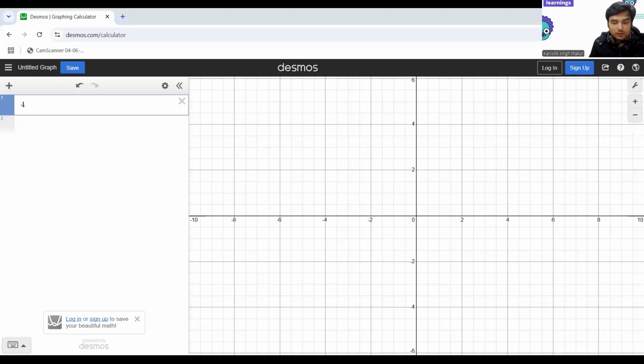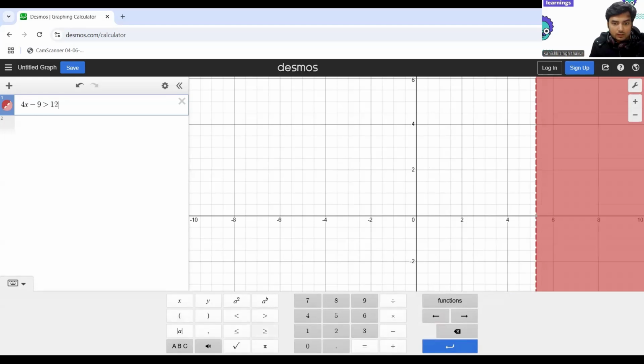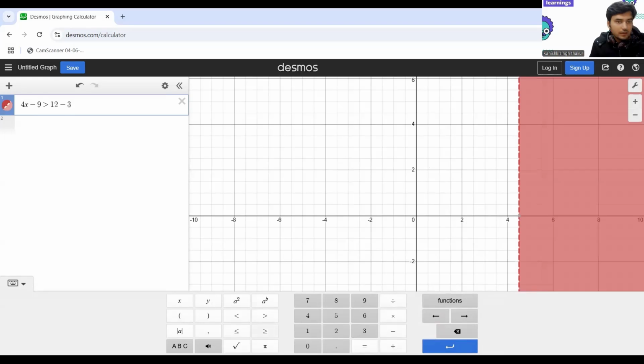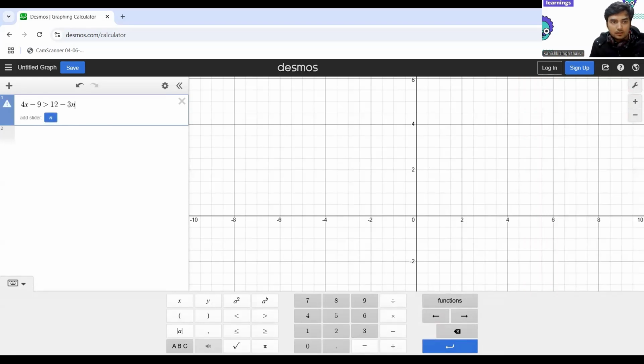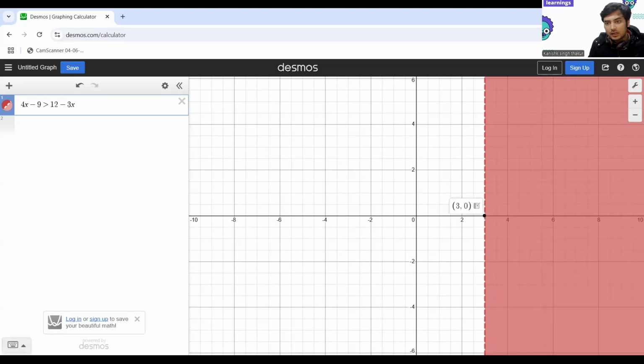So you have 4x minus 9, this thing is given to you greater than or equal to 12 take away 3x. So you can see here, right? 4 and take away 3x. So what is it coming? 3 comma 0. The whole graph is coming here, 3 comma 0.